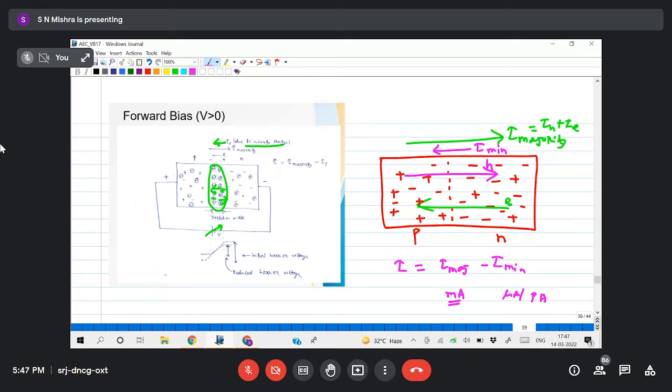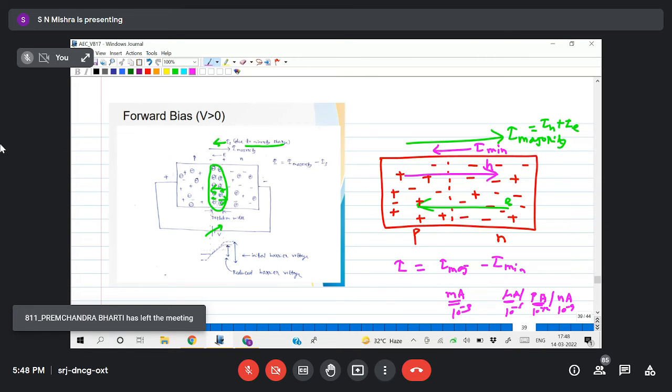Milli means 10 to the power minus 3, micro means 10 to the power minus 6, nano means 10 to the power minus 9, and pico means 10 to the power minus 12. So it is 1000 times, 10 to the power 6 times, or 10 to the power 9 times less. You can imagine how few carriers are present as minority carriers.